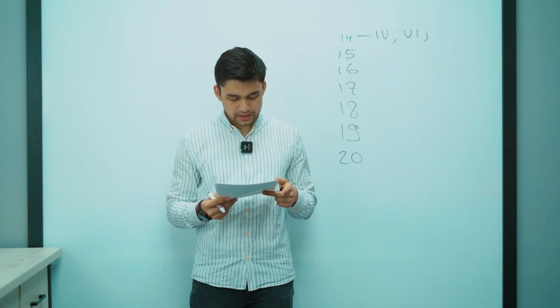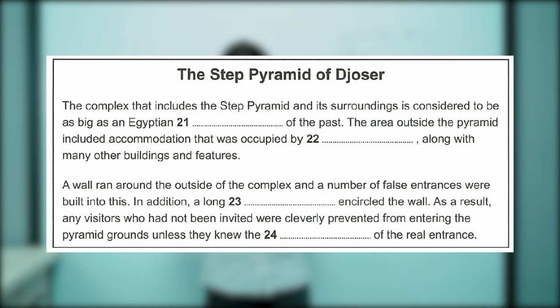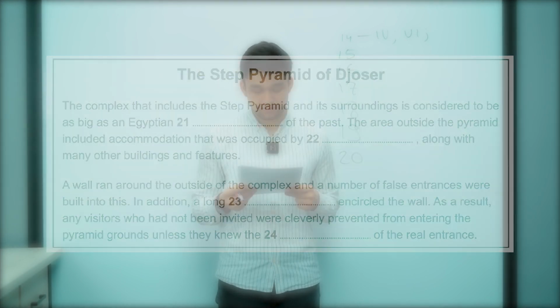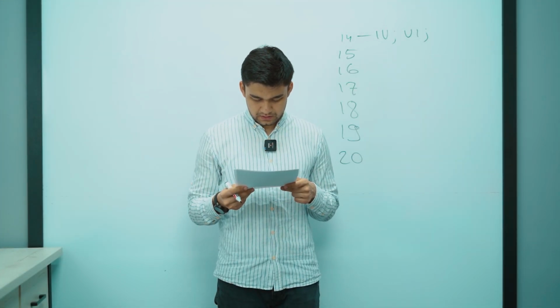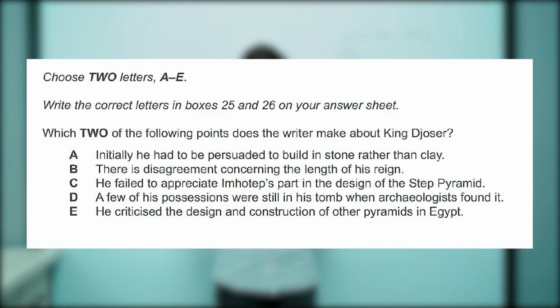Here it says, "the complex that includes the step pyramid and its surroundings is considered to be as big as the Egyptian of the past," so you didn't read about that. And the last type of question, multiple choice 25 to 26: which 2 of the following points does the writer make about King Djoser? We didn't read anything about King Djoser.